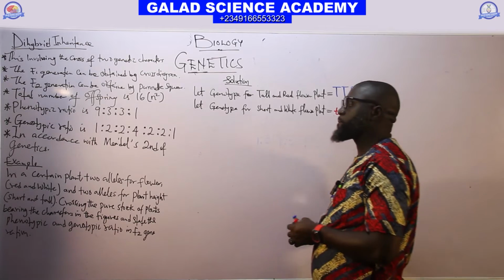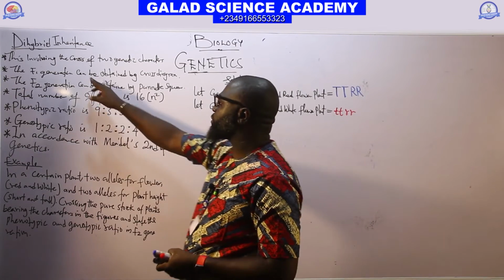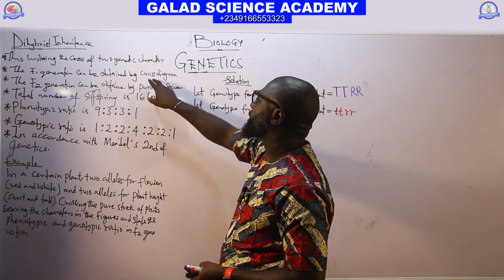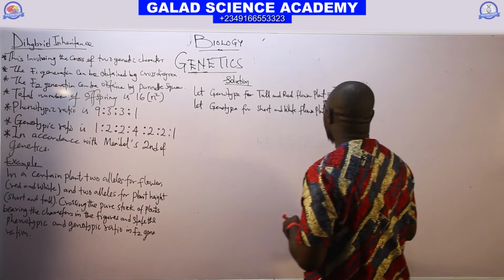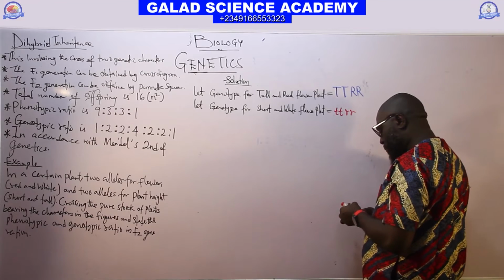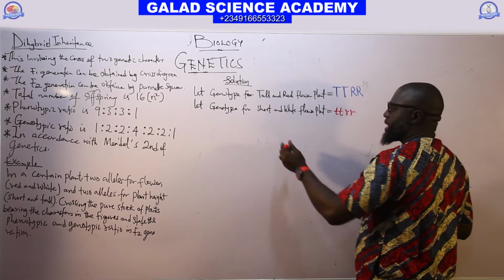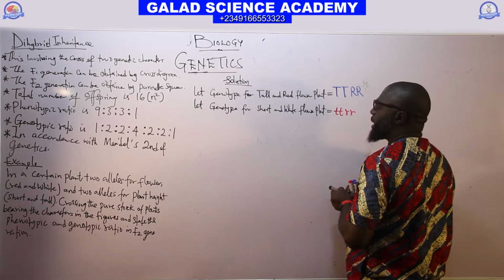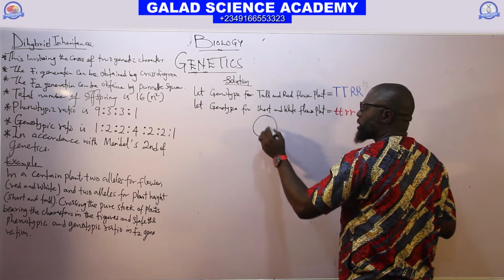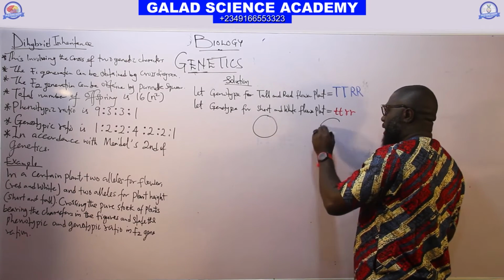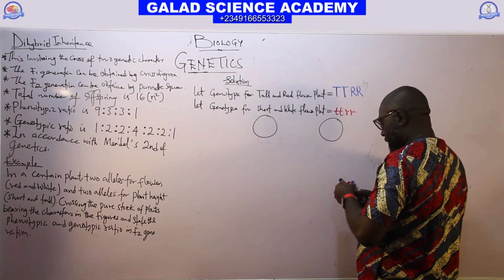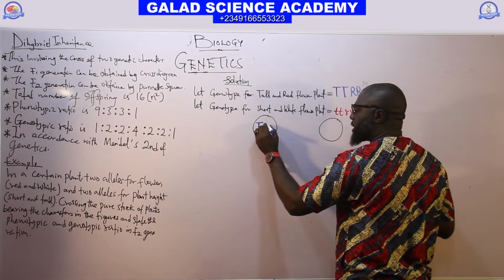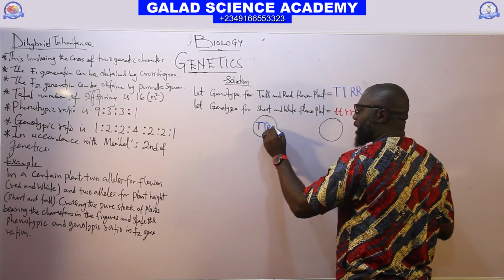But as I said, our first filial generation, we can obtain it by cross diagram. So the two parents we have there are T, T, R, R.